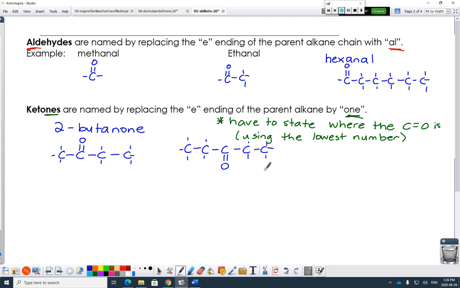The double bond O now counts for 2 of carbon's bonds, so that takes up 2 spots. That's important as well.